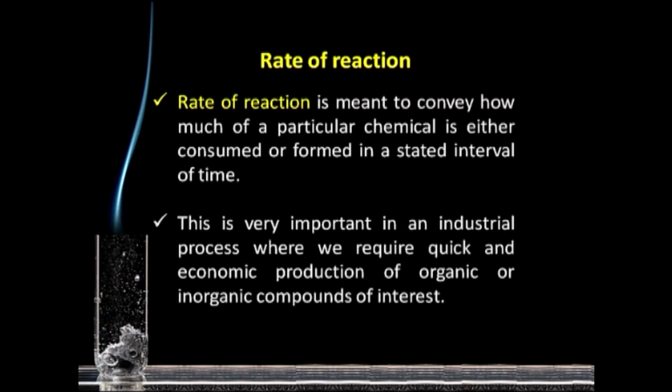This is very important because the industries want to get the product quickly, because economic production of organic or inorganic compounds is of their interest. The success of a chemical process depends on the yield and how quickly that yield has been produced. Every day the production target is 100 tons, we should meet, and for that the rate of reaction should be optimum.